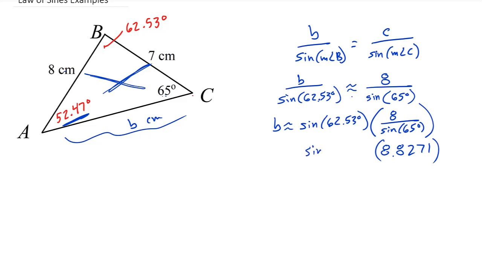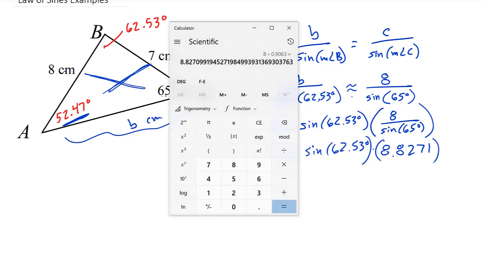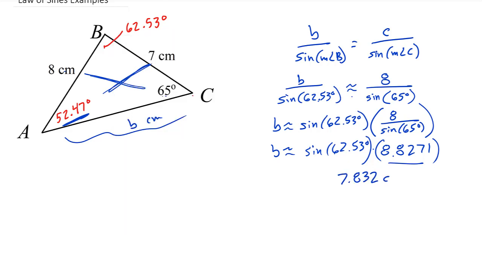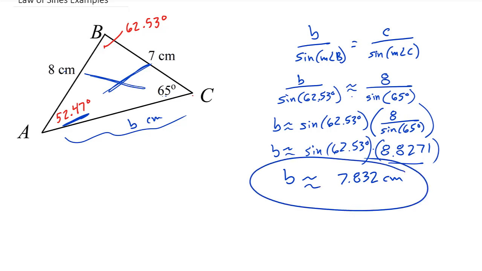And we've got the sine of 62.53 degrees times that, and that's approximately equal to B. So then 62.53 degrees, the sine of that value, about 0.88725, we'll multiply that times 8.8271. 7.832. So the length of B, so B is approximately 7.832 centimeters.